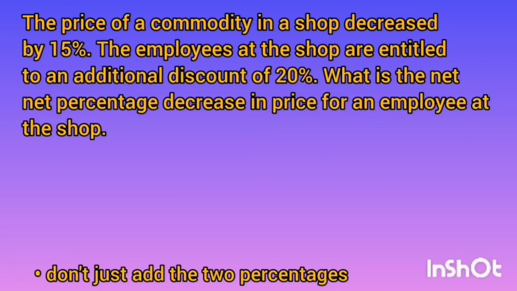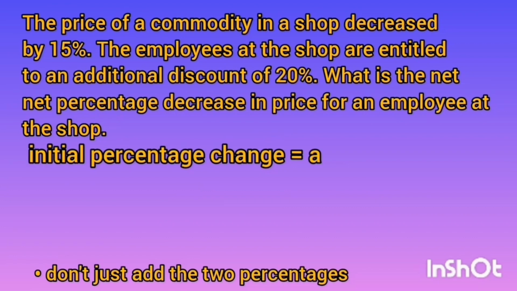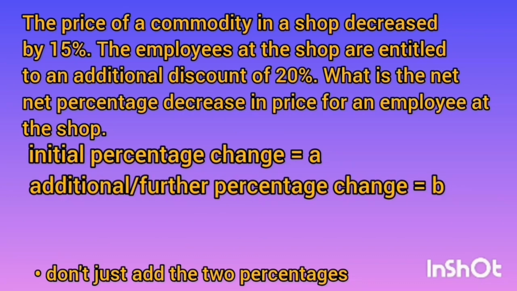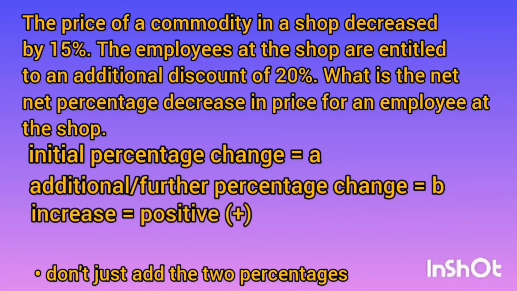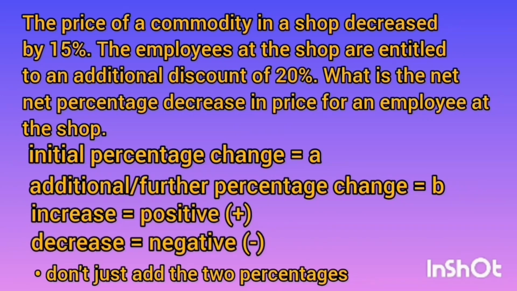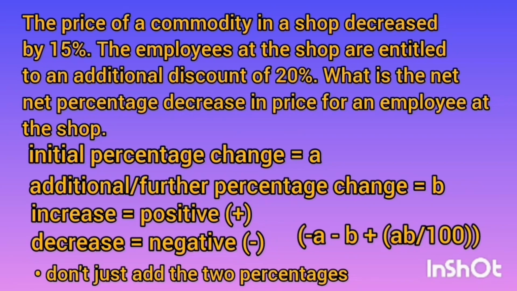So here, representing our initial percentage change by A and our additional percentage change by B, and knowing that an increase is a positive and a decrease is a negative, now, using the formula negative A minus B plus AB over 100.